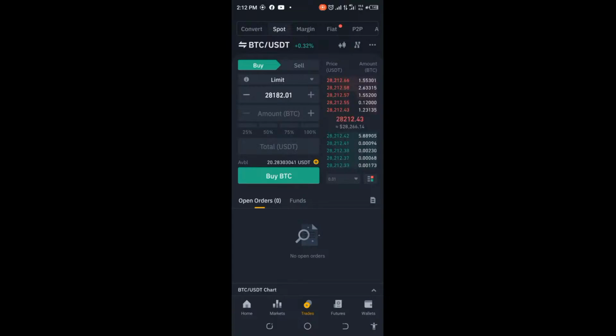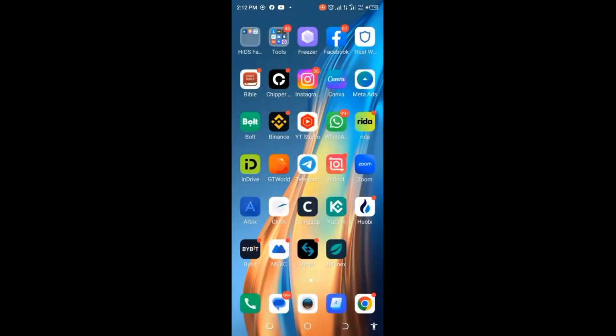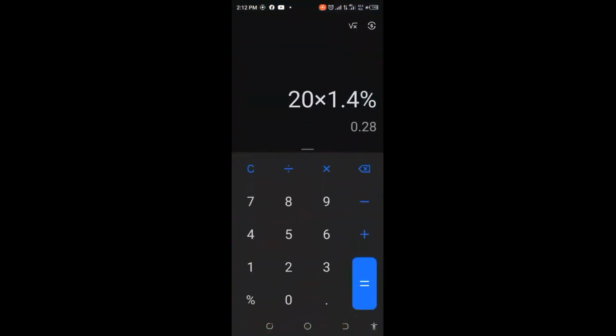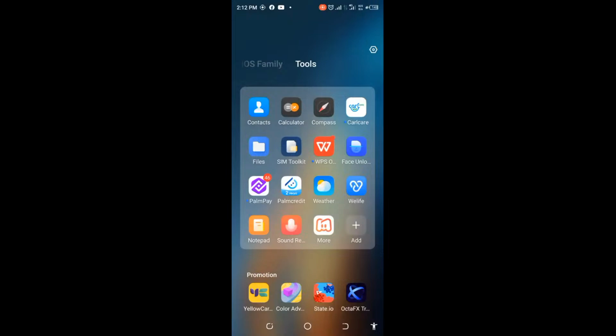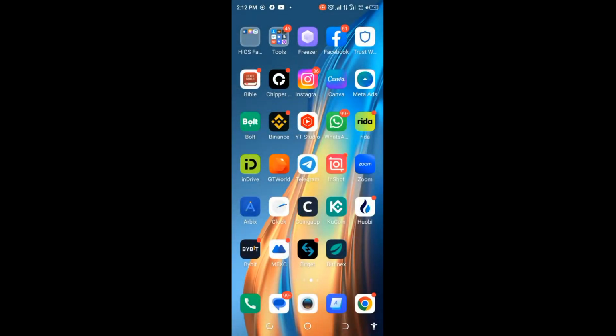If we check what 0.3% of $20 is, that's 6 cents. That's actually understandable.